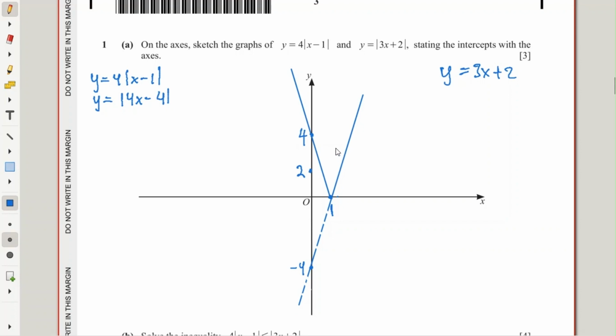What about the x? At the x-axis, y is equal to 0. So do this. When this one comes, you add -2. You divide both sides by 3, you get this. Okay, so your x is going to be -2 on 3. So I'm going to have something like this. Just a line passing through the 2 points.